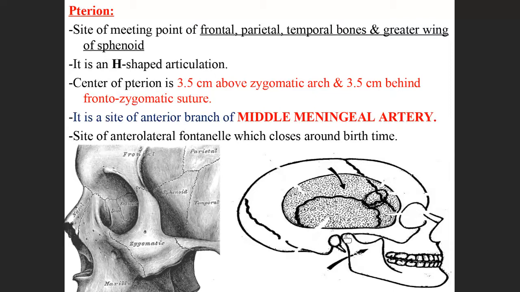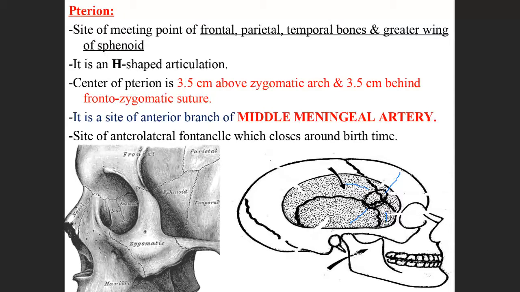Next, another important structure that you see, the pterion. So this you have seen in the video. So what is pterion? This pterion is the junction of four bones. So what are the four bones here? One is the frontal, parietal, temporal, and zygomatic.